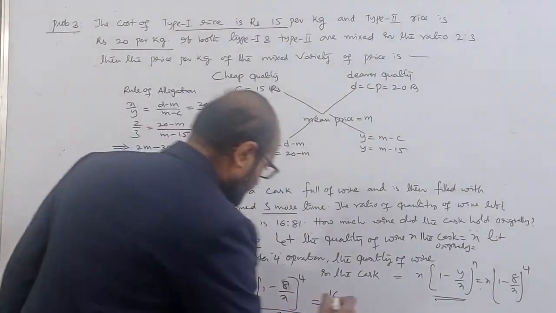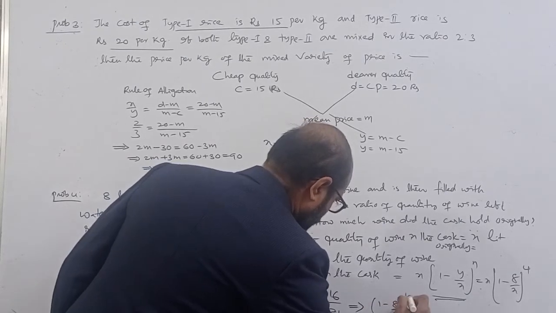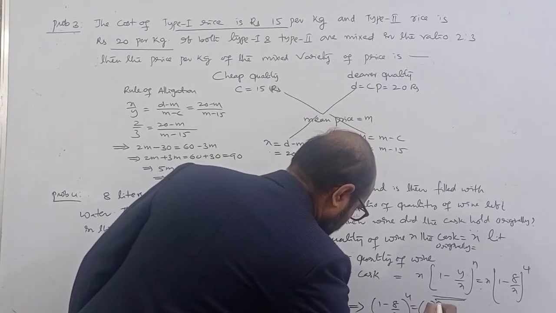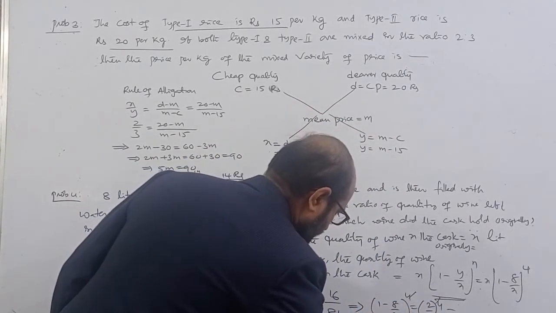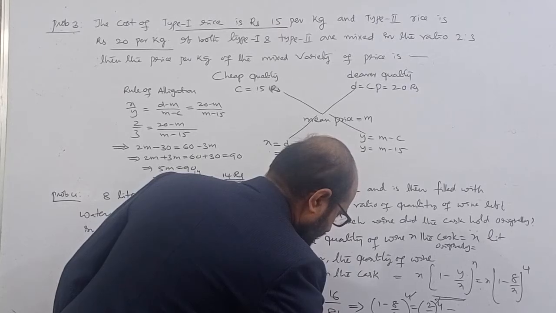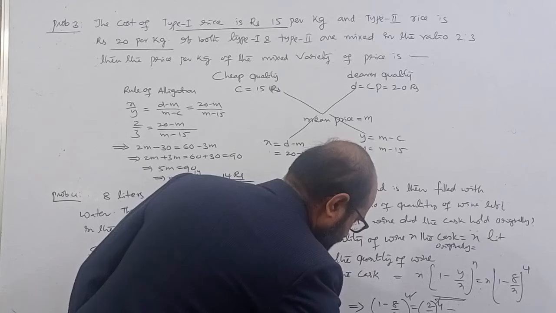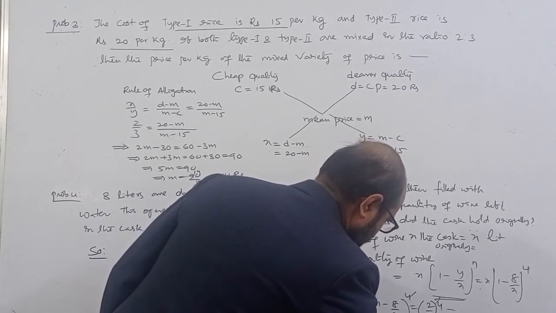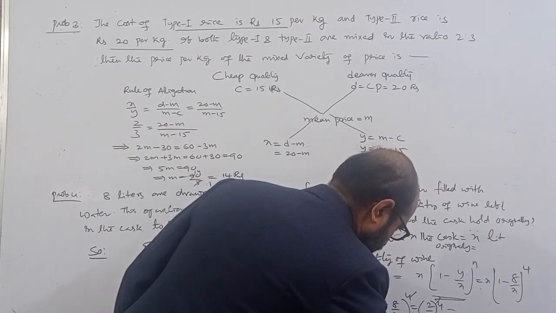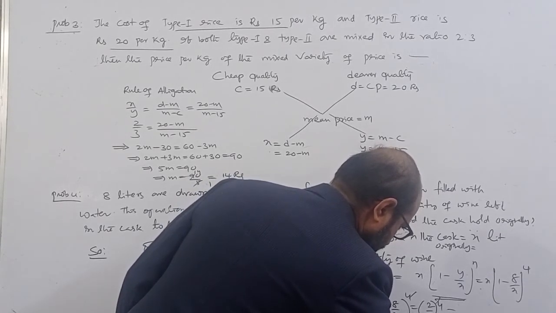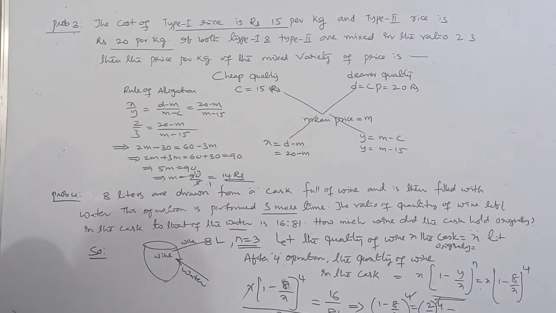Therefore I can cancel x. This implies 1 minus 8 by x whole power 4 equal to 2 by 3 whole power 4. This implies the power 4 cancels. Now x minus 8 by x equal to 2 by 3. Solving this, 3x minus 24 equal to 2x. This implies x equal to 24 liters. This is the original quantity of the wine in the cask, right?